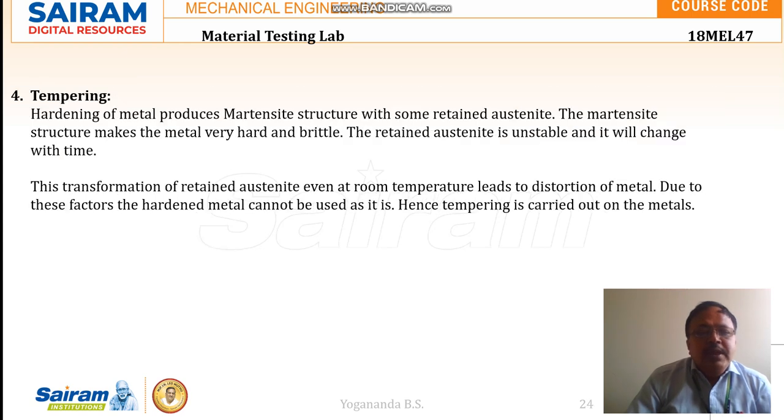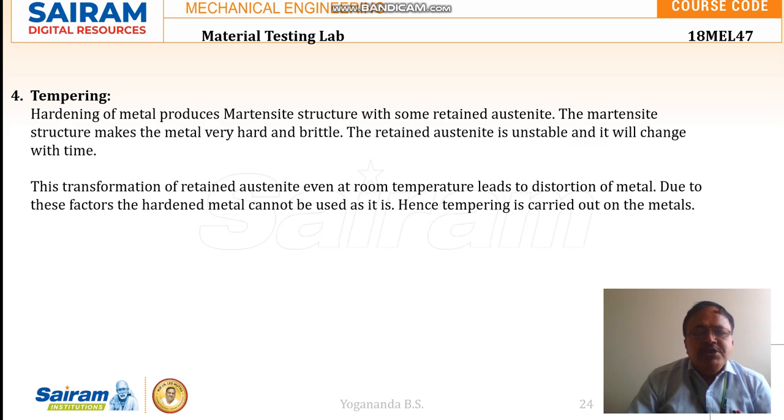Then tempering. Here the hardening process of the metal will produce the martensite structure with some retained austenite. This martensite structure will make the metal very hard and brittle. The retained austenite is unstable and is going to change with time.